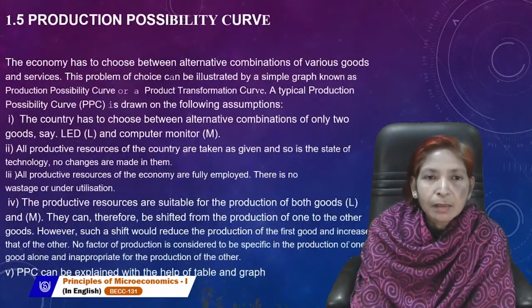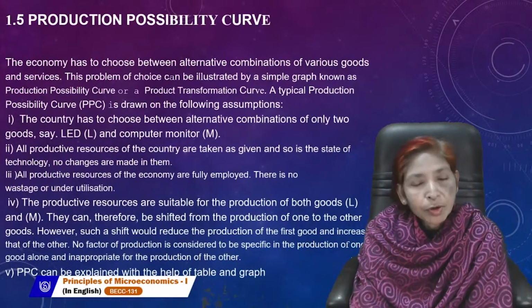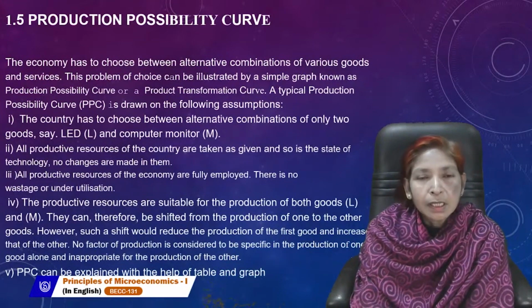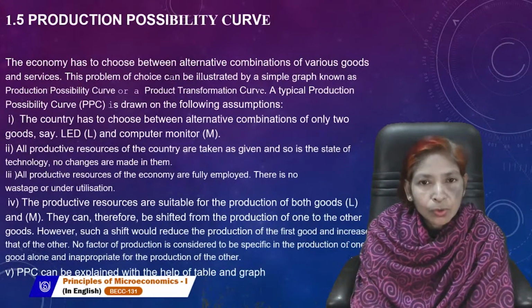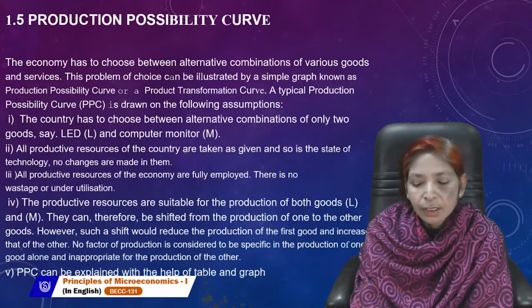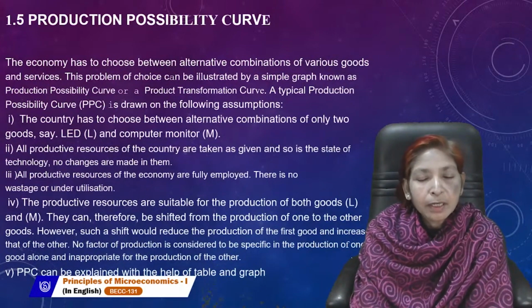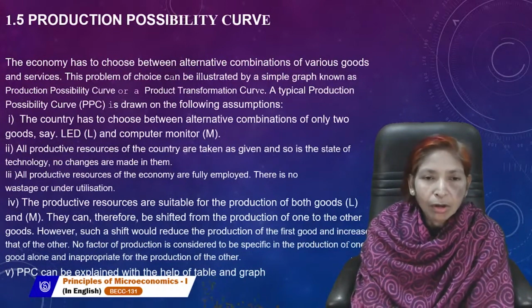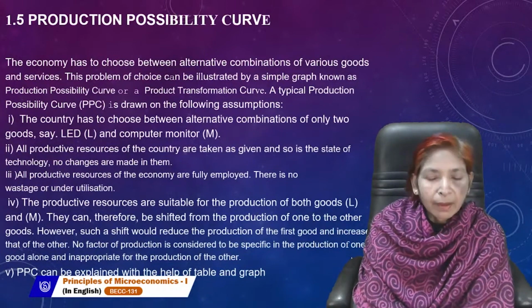Next topic is production possibility curve. Production possibility curve is that curve which shows different or alternative combinations of two goods that can be produced with the help of limited resources and available technology.